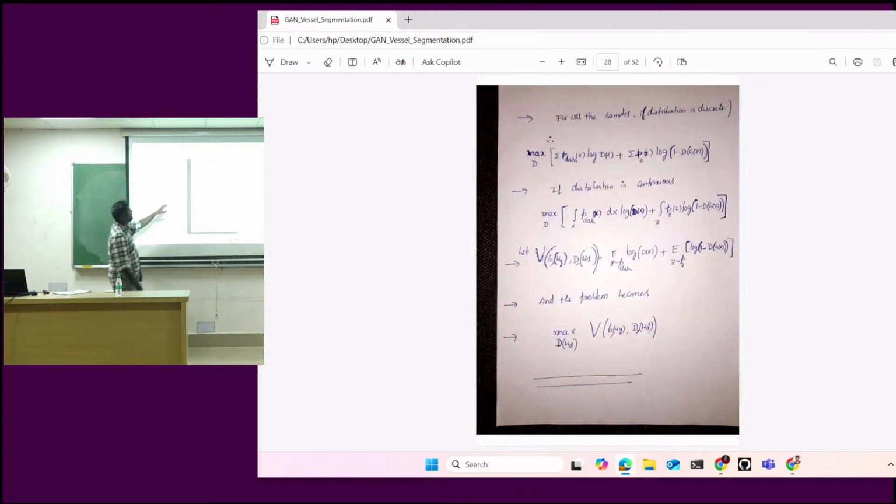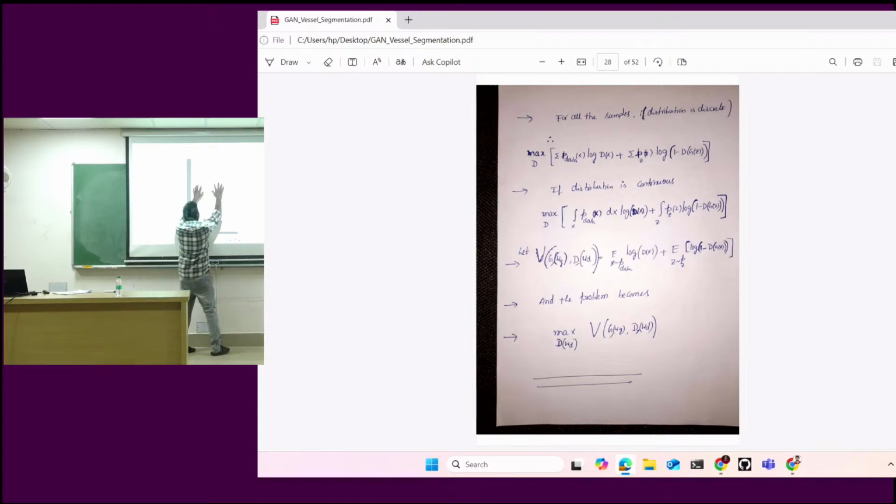Here this is the loss function for class 1, and this is the loss for class 0, the sample coming from the generator.